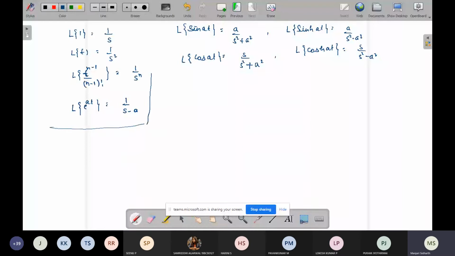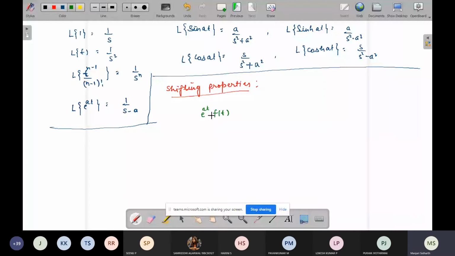Now, the shifting property is very important for this chapter. Shifting property. Suppose you have any function f(t), and it is multiplied by some exponential function, and then you are finding its Laplace transform.